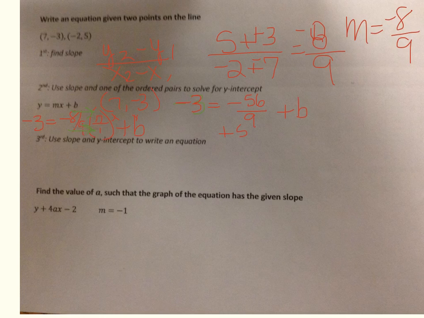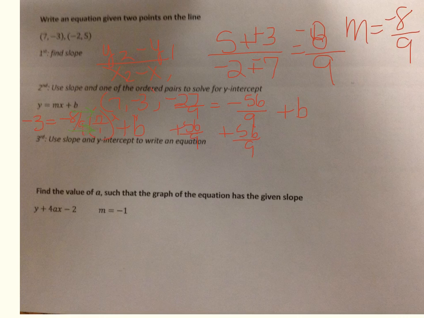So solving for b, I'm going to have to add 56 ninths to both sides. So we talked about this in class. Well, let's rewrite negative 3 as negative 3 over 1. And if I multiply it by 9, I get negative 27 over 9.